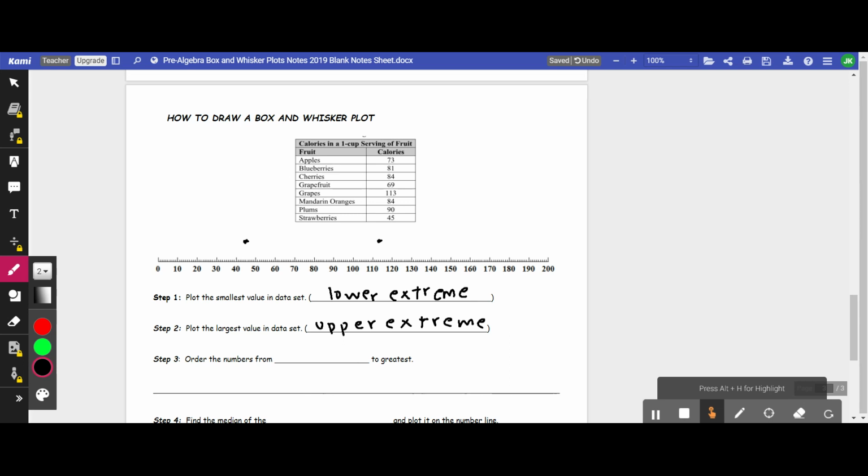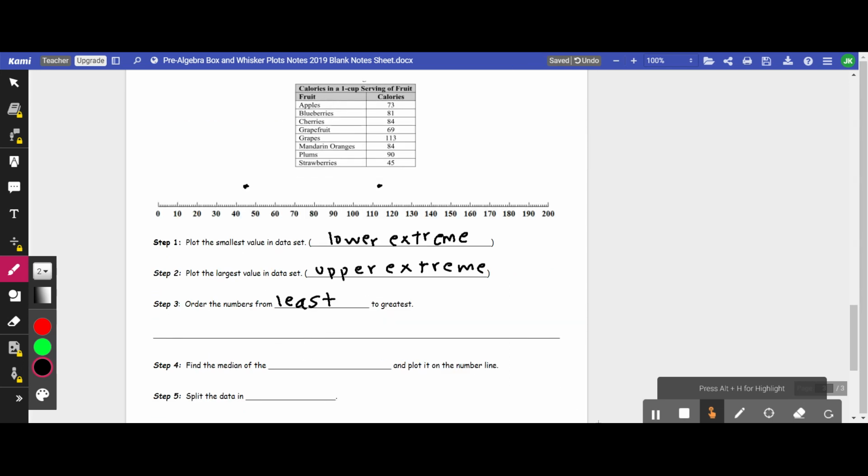And then, like it says, the next thing you'll do is order your numbers from least to greatest. Our smallest number in our table up here would be 45, so you can write your 45 first. Then your next number would be 69, and then 73.